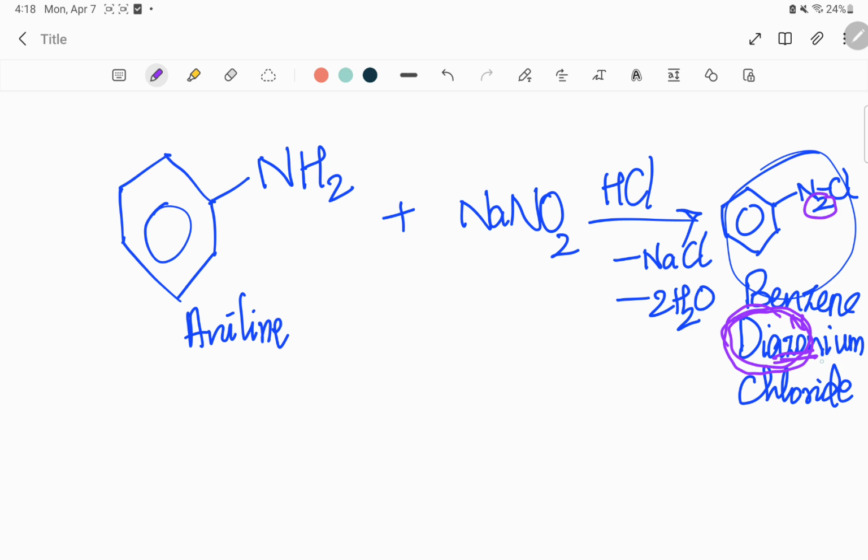And why is it diazonium? Normally when we say -onium, it is for positive ions. So here, if you expand this bond, you can see that there is actually an ionic bond between the nitrogen and the chlorine.